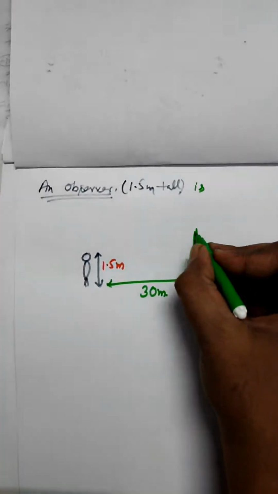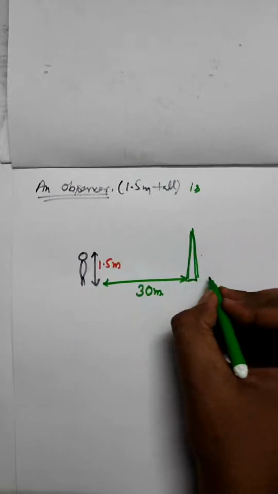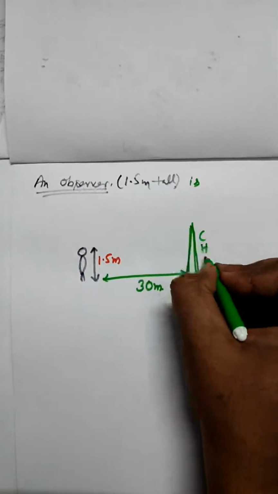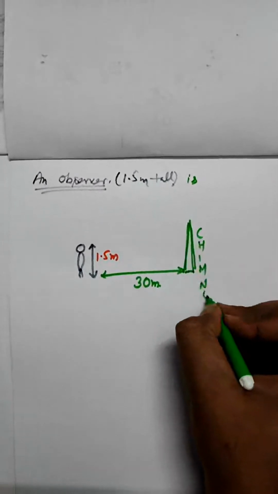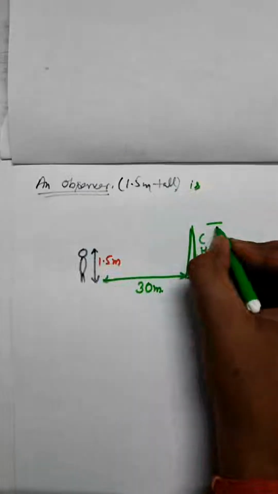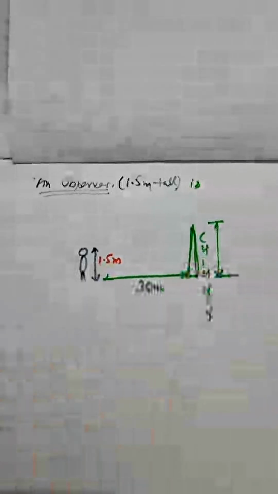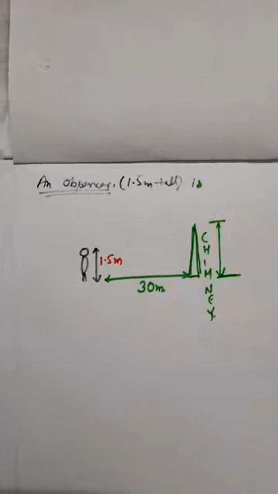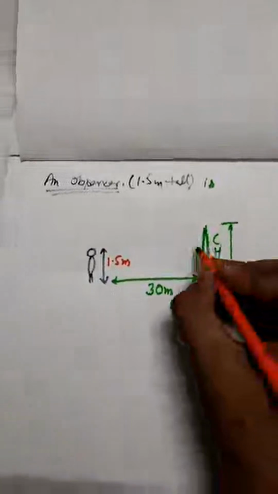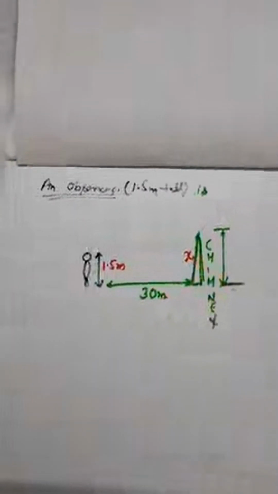So just consider it as vertical at 90 degree. This is chimney, and the height of this chimney is not known to us. We need to find the height of this chimney. So let us assume it as x, right?